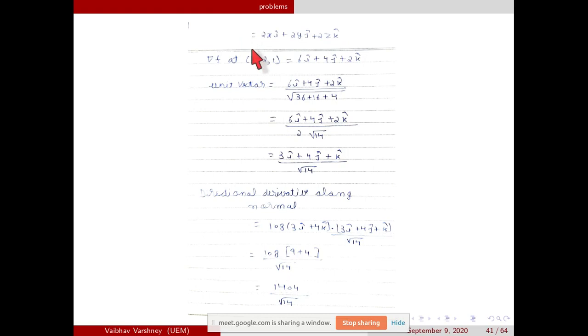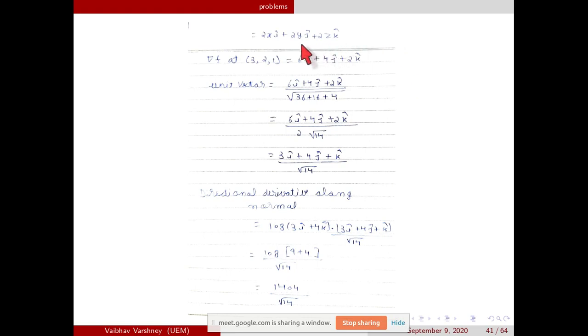So we will calculate the normal at this point. So del f at (3, 2, 1), after putting (3, 2, 1), we get 6 i cap plus 4 j cap plus 2 k cap. And for the directional derivative, or any derivative in the direction of another vector, we have to do the dot product with the unit vector.